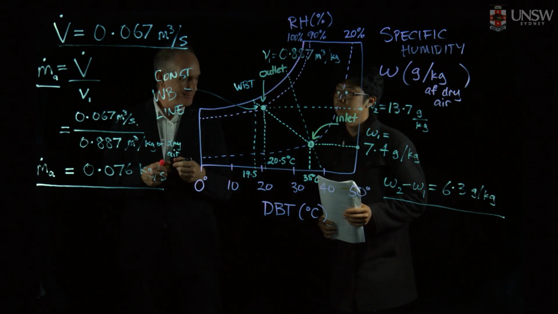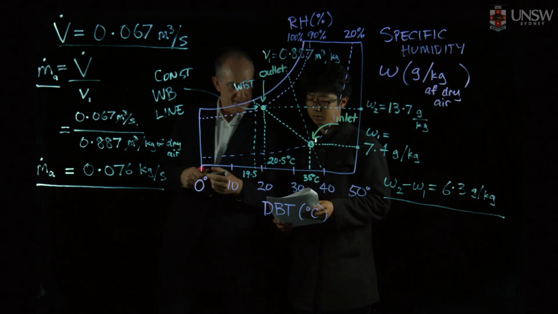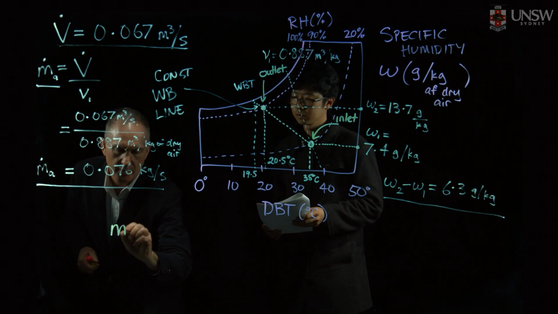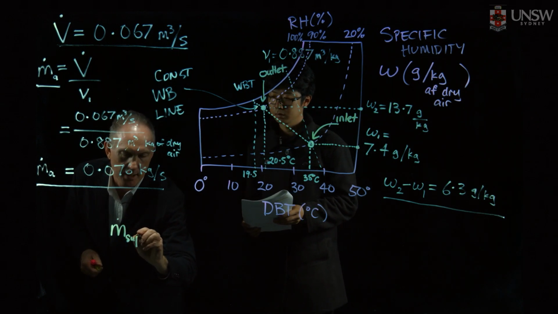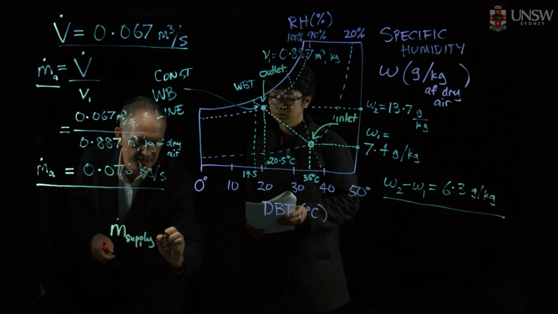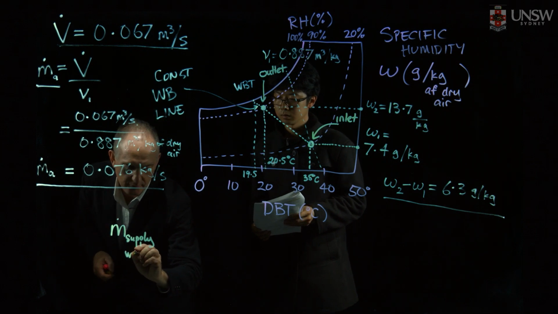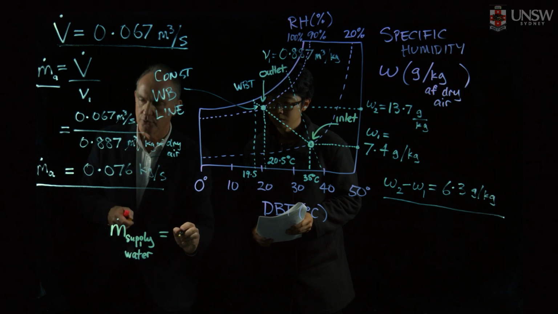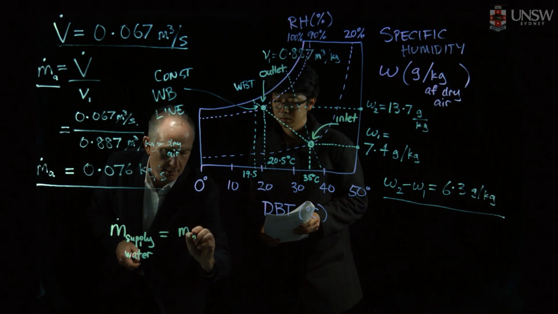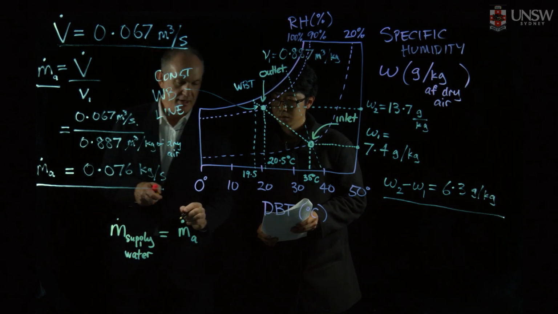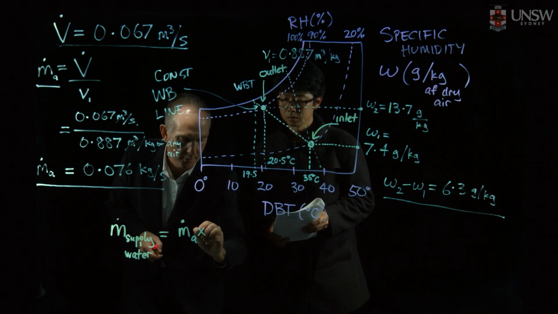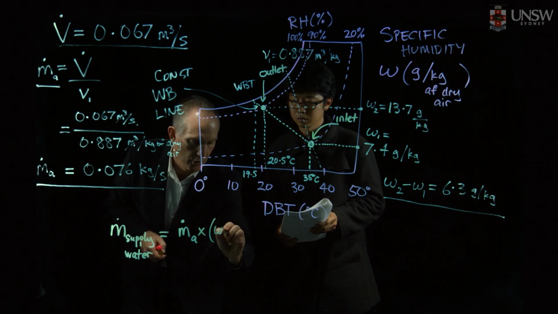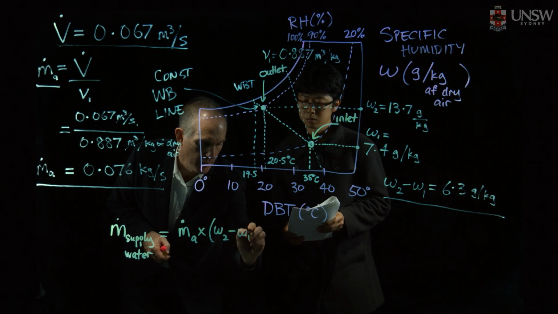So that will just simply be the supply mass flow rate of water. That's going to be equal to the mass flow rate of the dry air multiplied by omega 2 minus omega 1.